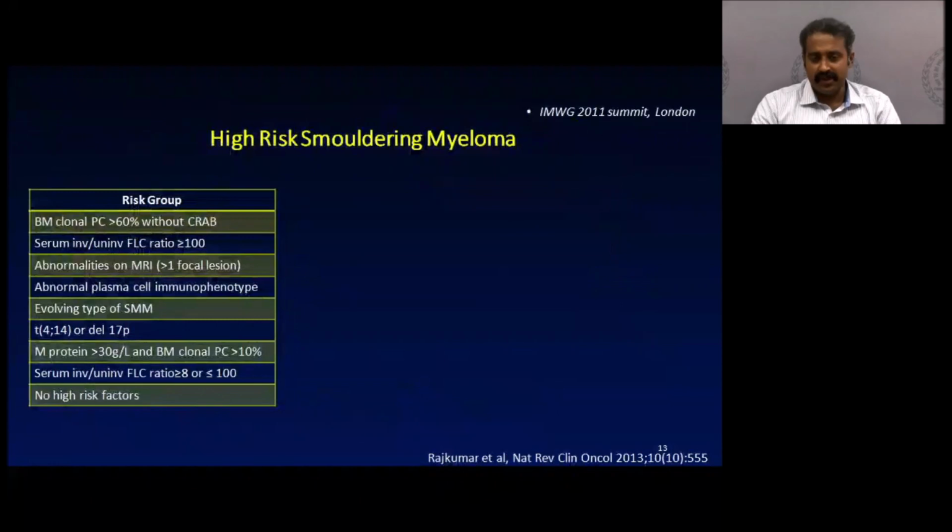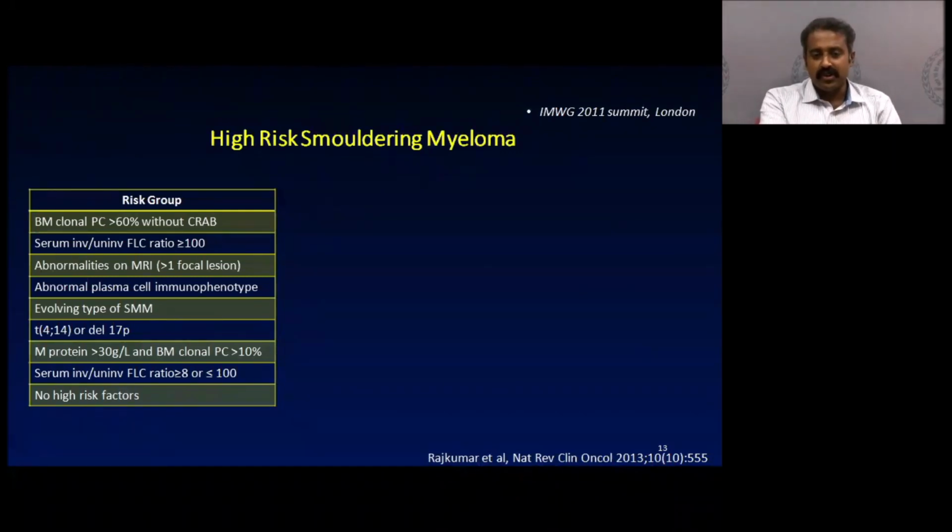Now, what happened after that is, among smoldering myeloma, that means in patients who had an M protein and a plasma cell without end organ damage, there was a group of patients who were called high-risk smoldering myeloma.